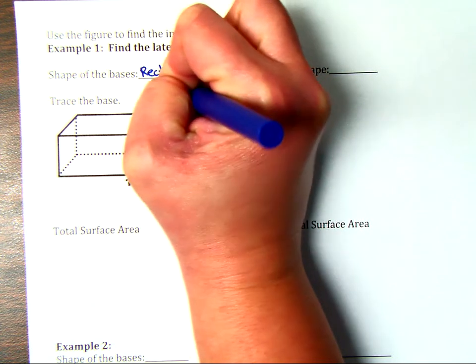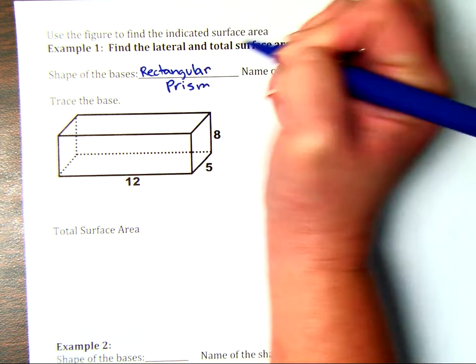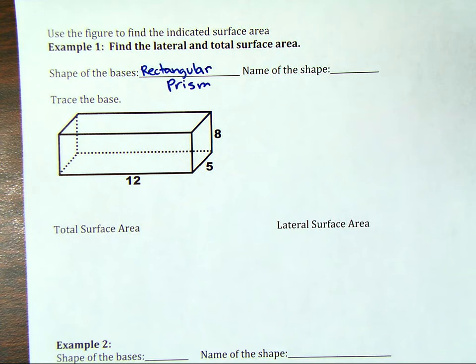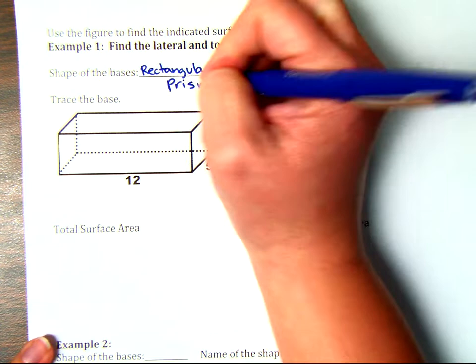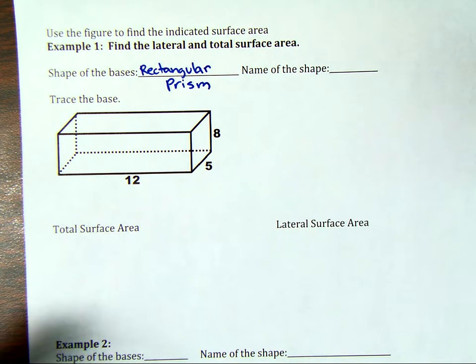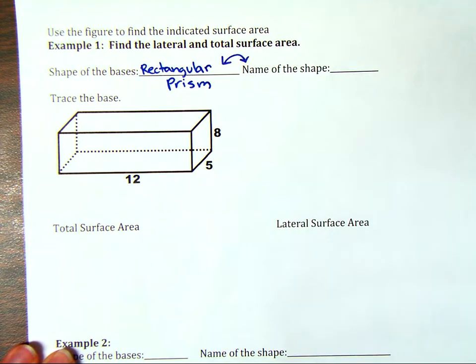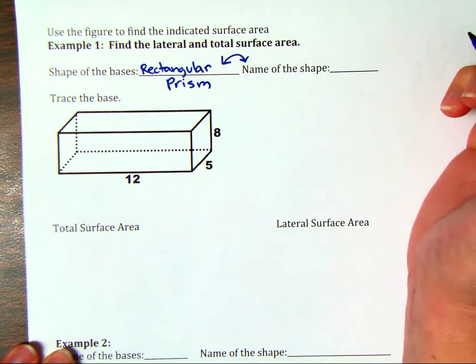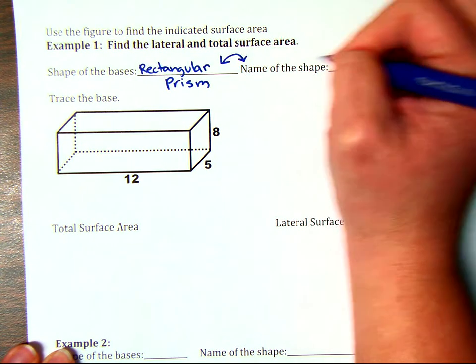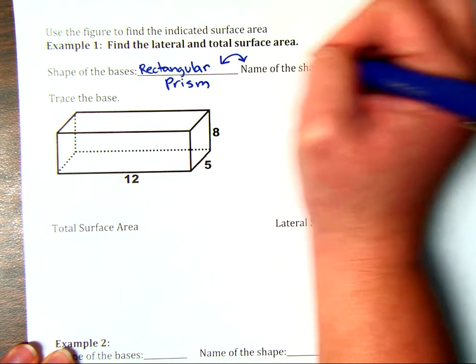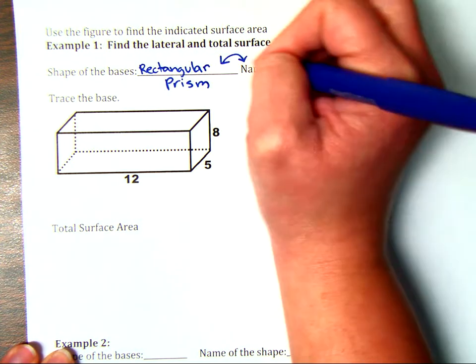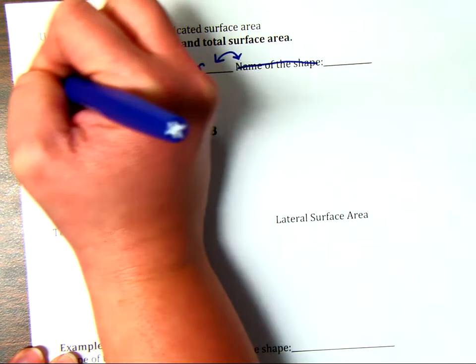Like I've told you guys in the past, if you actually see 2 of something, whatever you see the least amount of is actually going to be the bases, but in this one all 6 are rectangles, so that definitely makes it a rectangular prism. I switched these around. Okay? So the shape of the bases were rectangles. I'll just cross this out. We'll switch it over here.